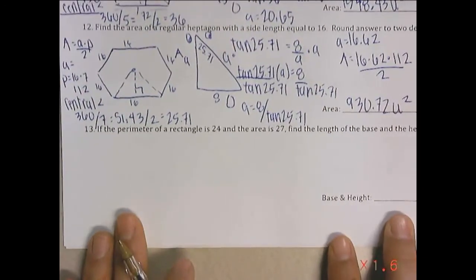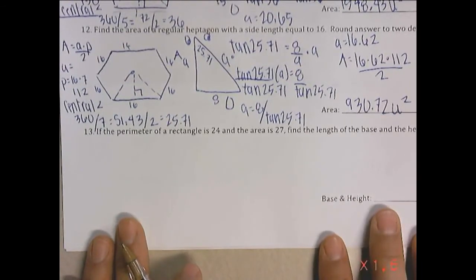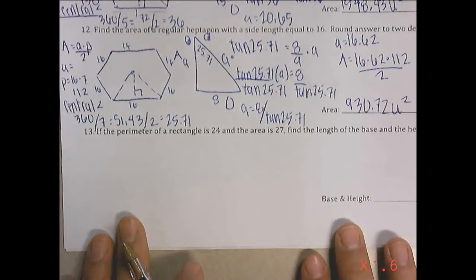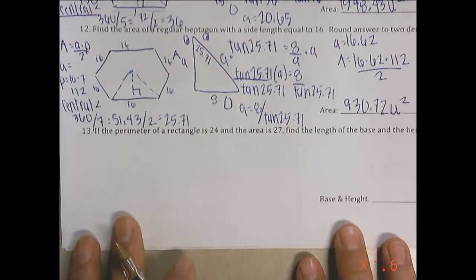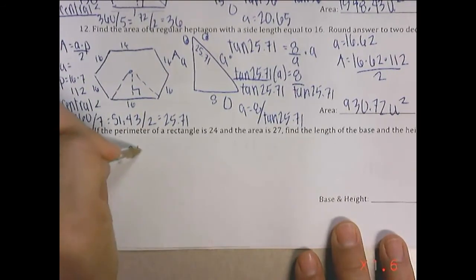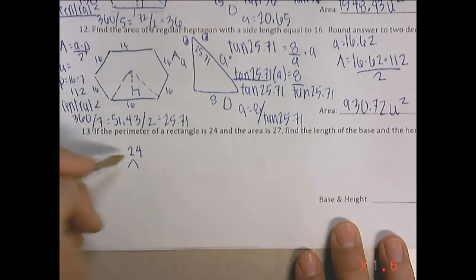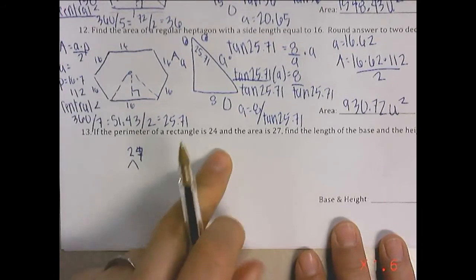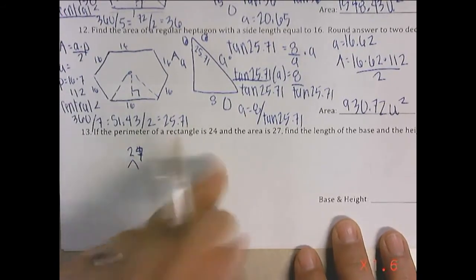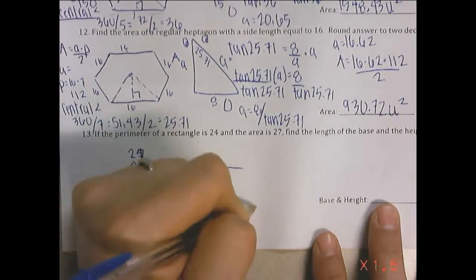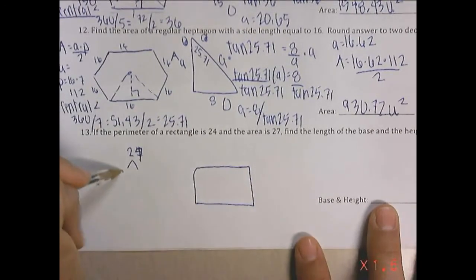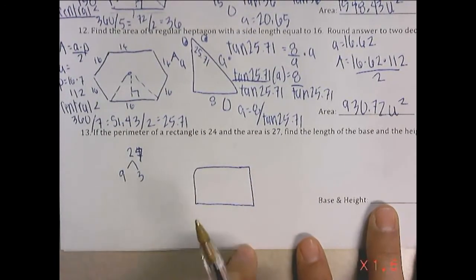Okay, let's go ahead and look at this: if the perimeter of a rectangle is 24 and the area is 27, find the length of the base and the height. Well, what I did is I just tried to find factors of 27, that when I add them together would add up to 24.